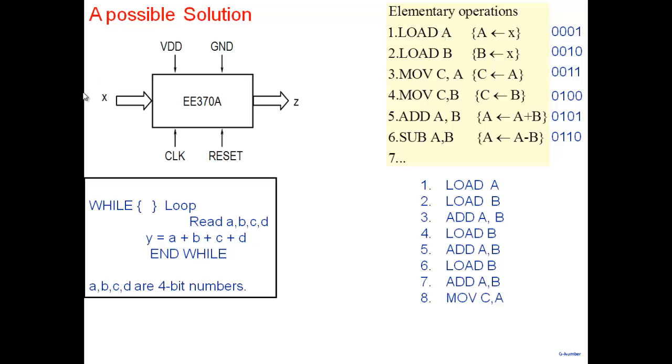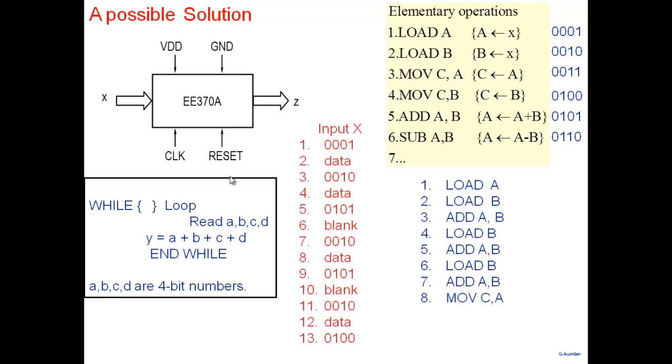So suppose I do the following. Using X, I give both. I tell my IC which instruction to execute, and I give data also, whatever data is required here. Let's say everything is with the clock cycle, it's synchronous, so everything comes with one clock cycle. So at input X, I give 0001.